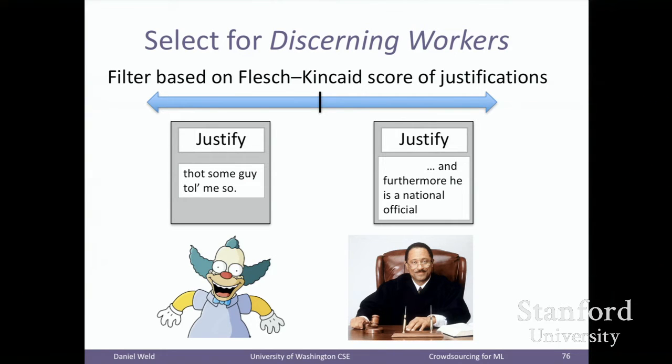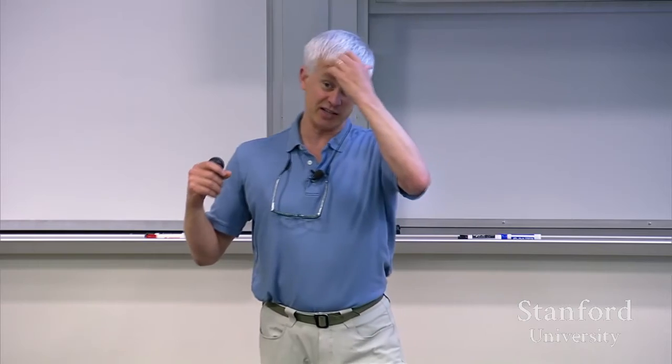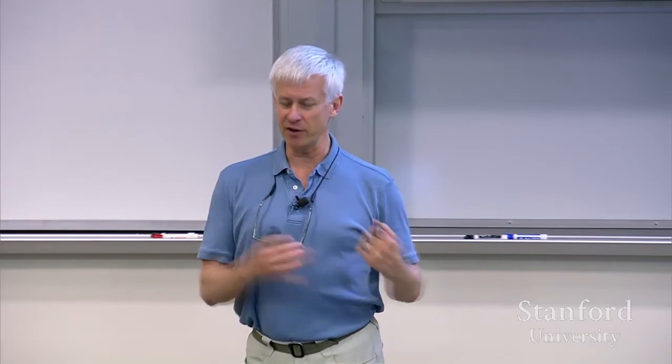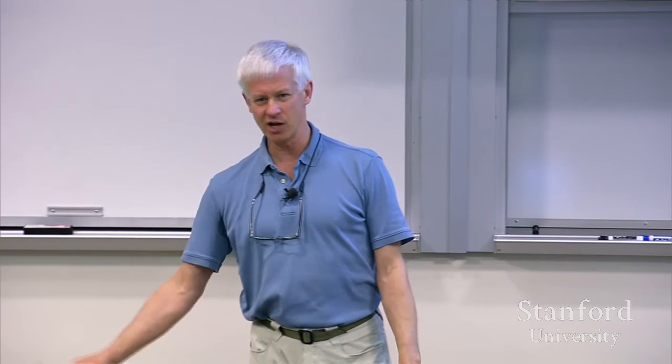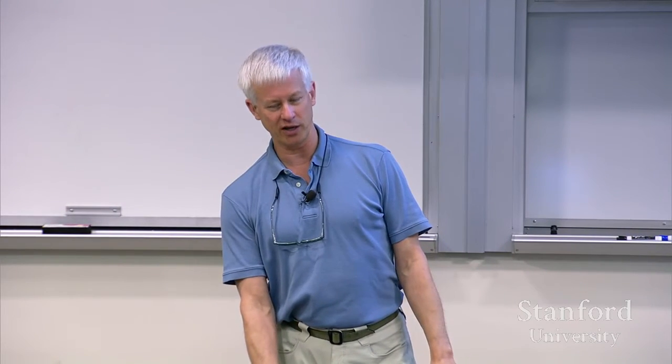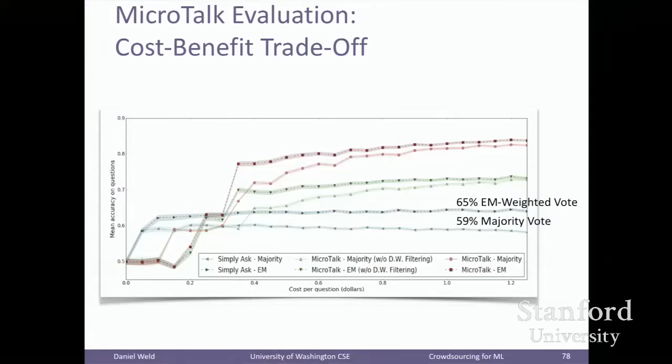So I've got a caricature here, but basically what we did is we looked at the Flesch-Kincaid readability scores of what the workers wrote as they were going through the training process. And if their explanations were really simple, then that was a clue to us that maybe they can't really understand complicated justifications, so let's not include those people in the study, let's just include the others. So after doing that filtering test, we end up doing much, much better.